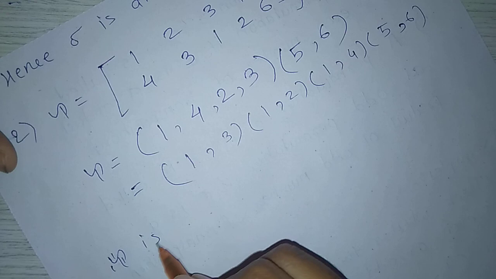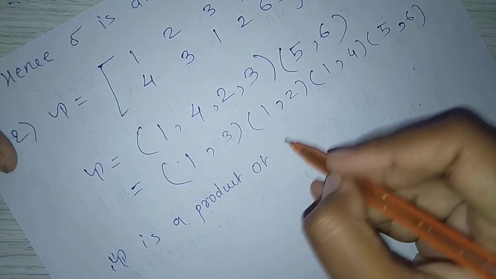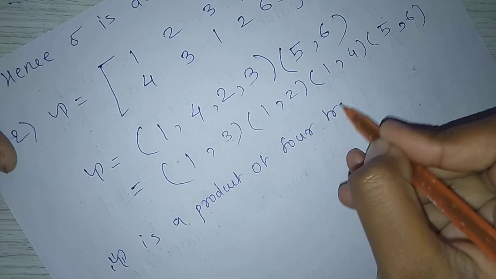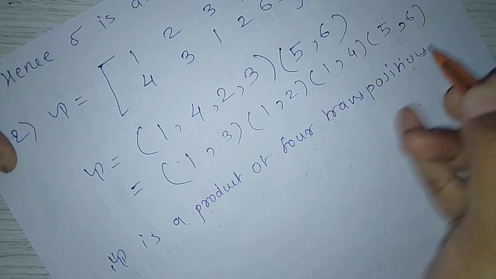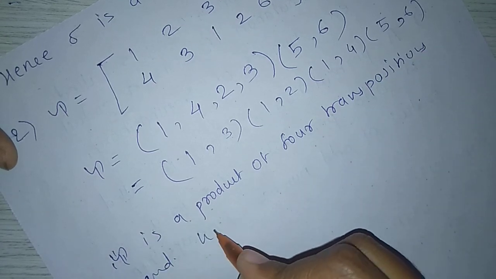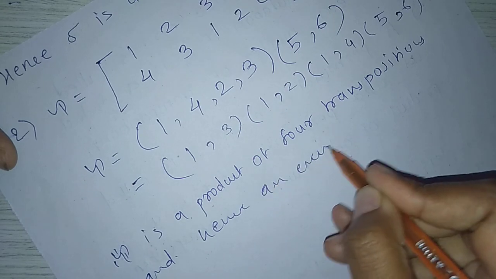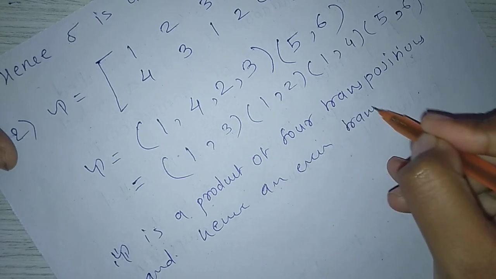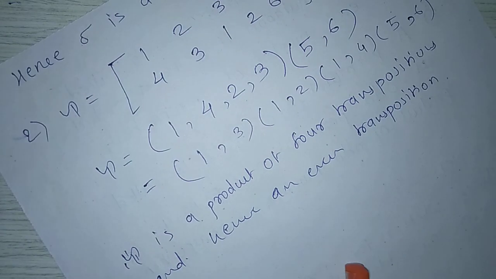Here tau is a product of 4 transpositions, and hence an even permutation. We stop here.